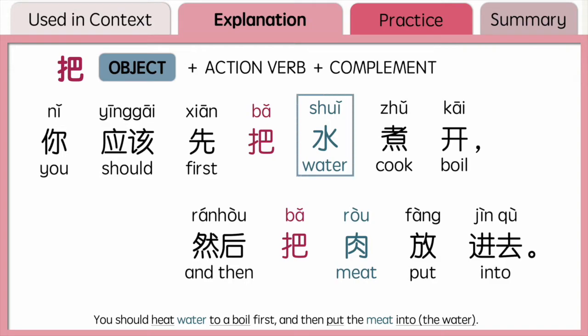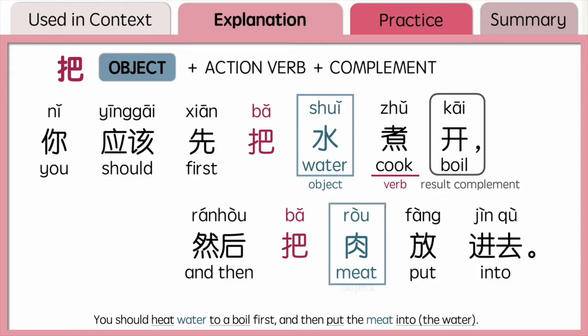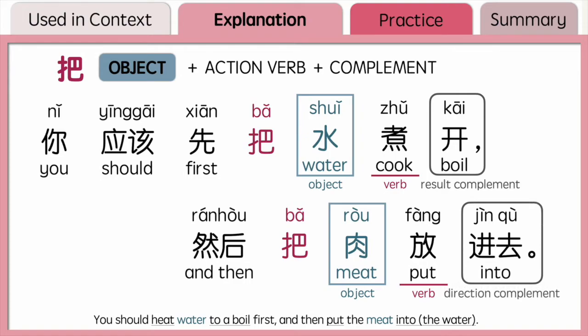Again, with the 把 construction, you can express the degree to which the water should be boiled and where the meat goes. In this case, the water should reach a boiling point, and then the meat should go into the water. Well, it didn't specify exactly where it goes, but the direction complement indicates it goes into something. And since it mentions boiling water as the first step, one can assume that the meat must be put into the water.